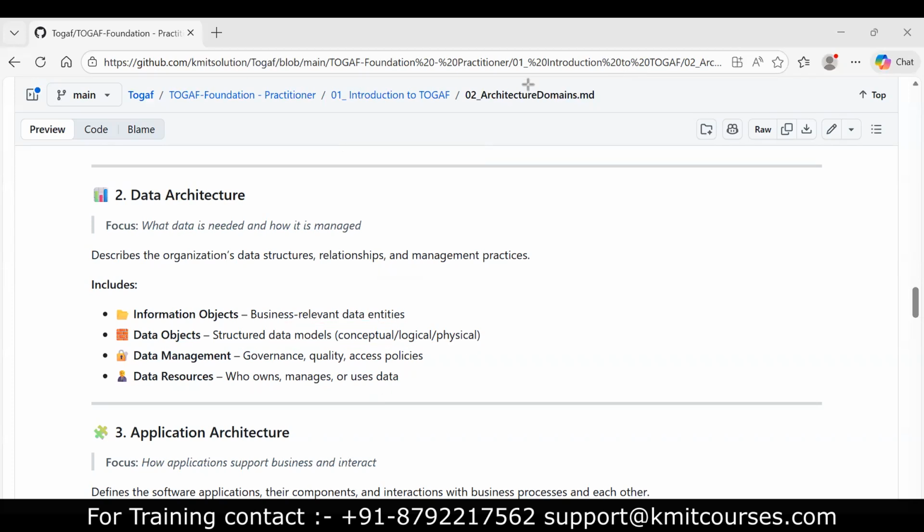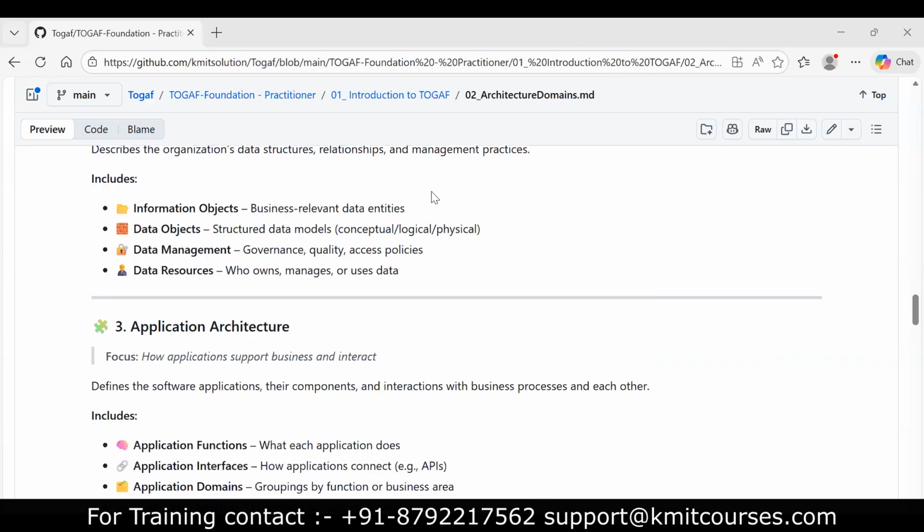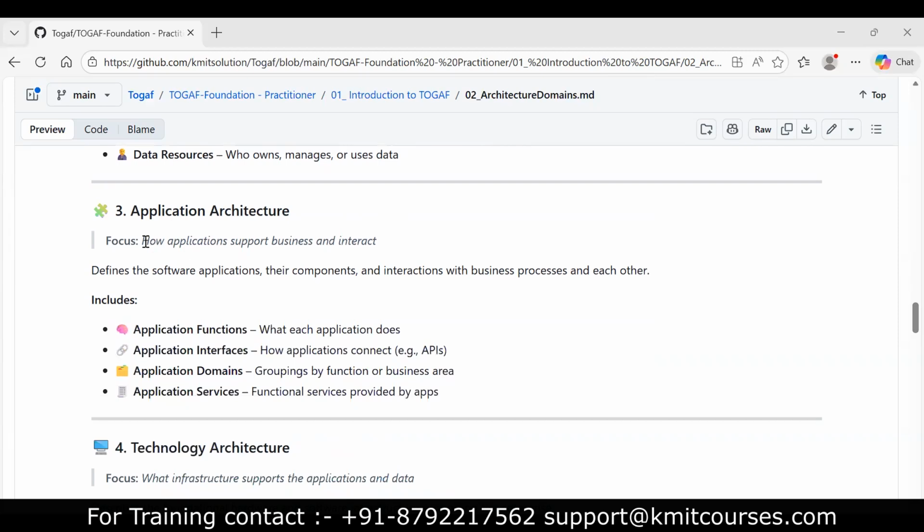Let's talk about the application architecture terms. As you know, this covers how the application supports the business and interacts. It defines the software applications and their components and interaction with the business processes and each other.